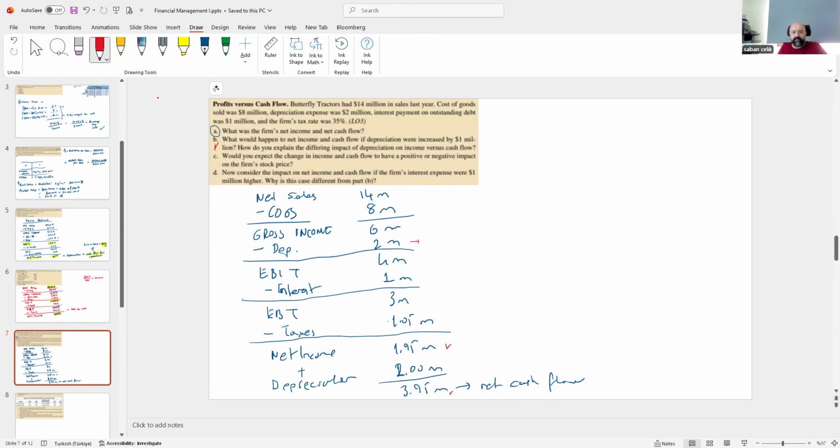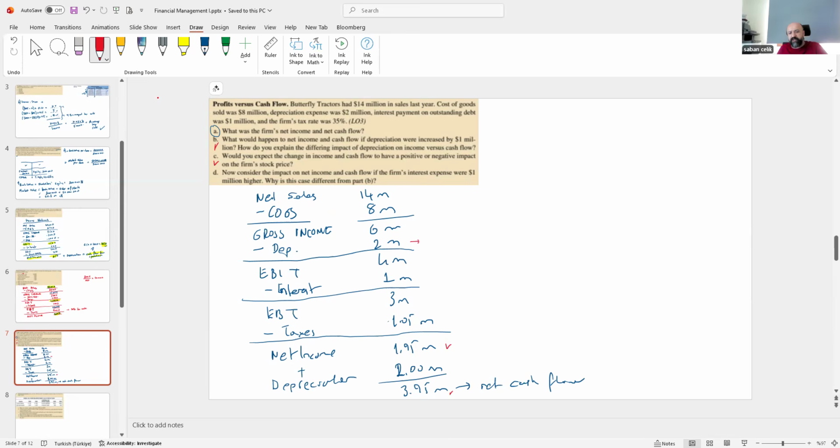Do the same calculation. That's it. For part C here, would you expect the change in income and cash flow to have a positive or negative impact on the firm's stock price?